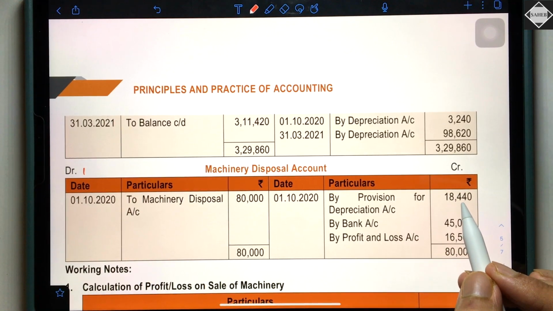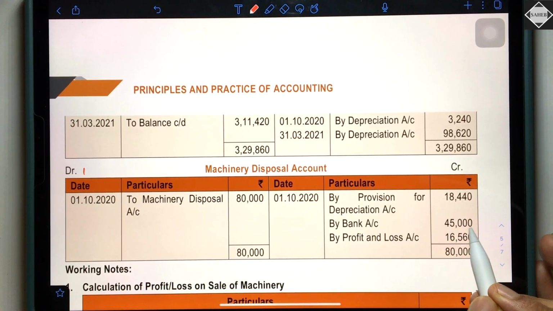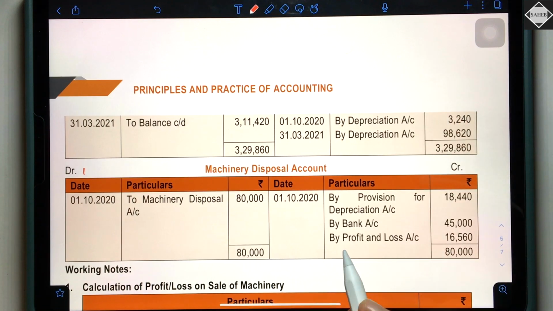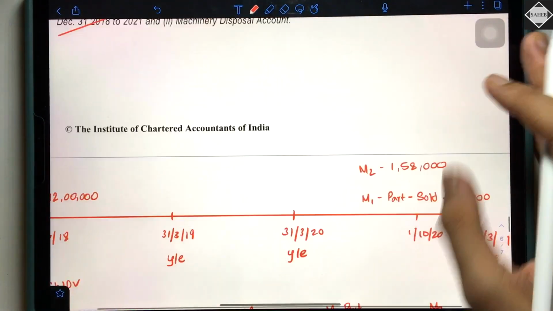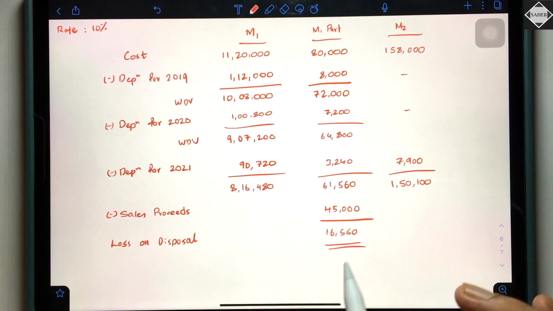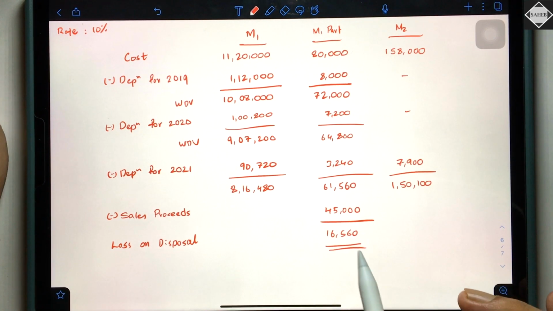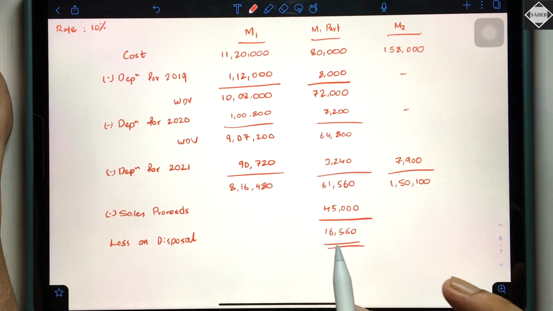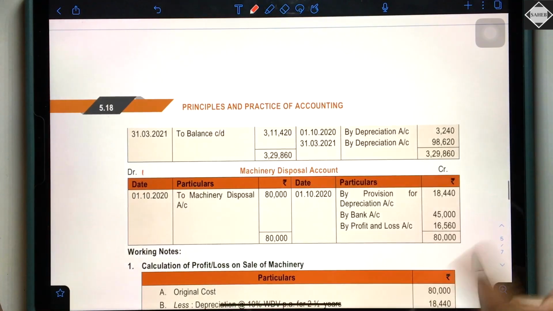And then on the same date you have sold by bank also, by bank also 45,000. You have sold for 45,000, and then the loss is 16,560. How did we get all that profit and all? You have already calculated that in the working note. See, loss on disposal 16,560. Yeah, it was a loss, not profit. It was a loss, 16,560, and it was sold for 45,000. So all that has to be recorded.